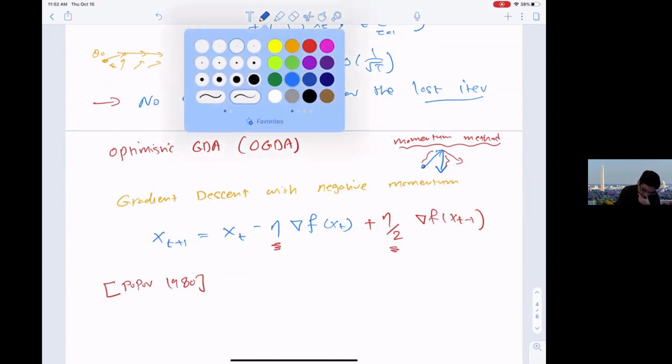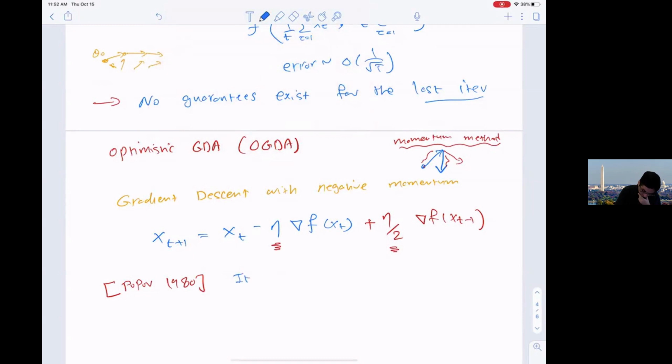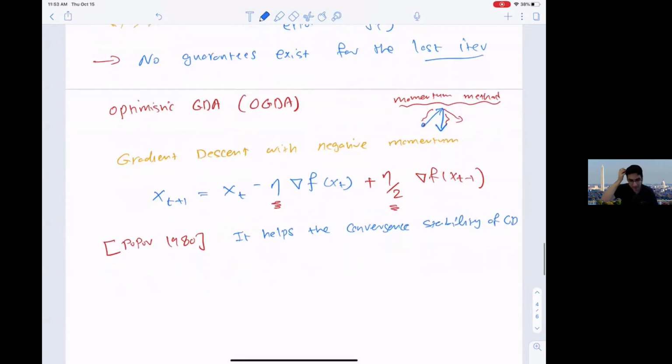And it helps the convergence and stability of gradient descent. It's a good method. It helps gradient descent to converge better and faster.